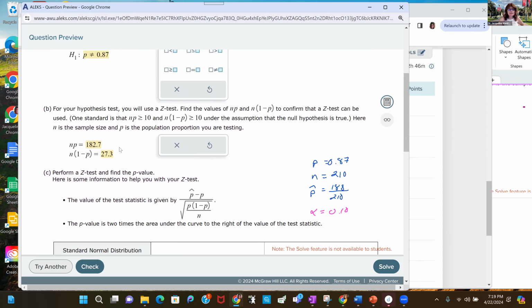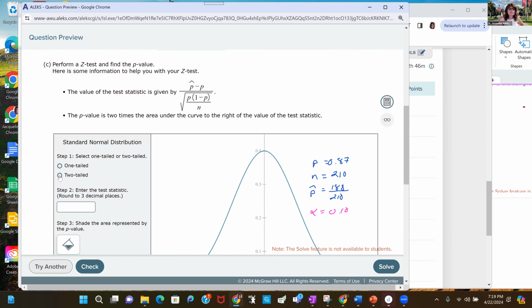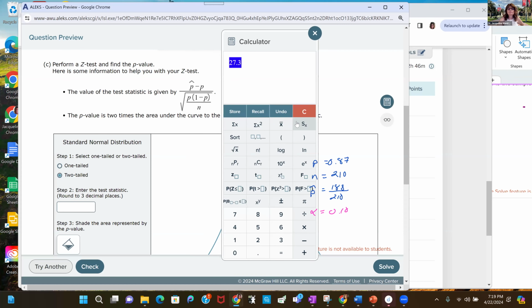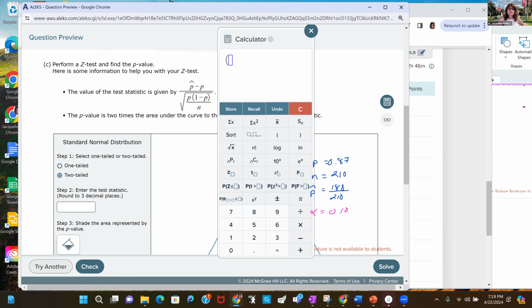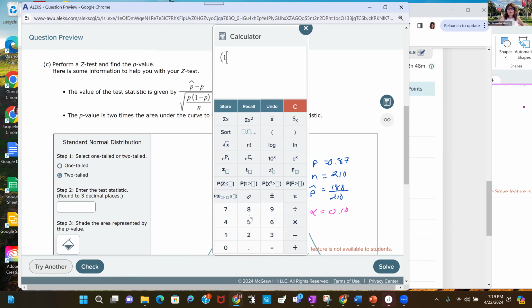All right, so we're doing a two-tailed test. We're going to calculate that test statistic. So you do 188 over 210 minus p over the square root of p times 1 minus p over n.